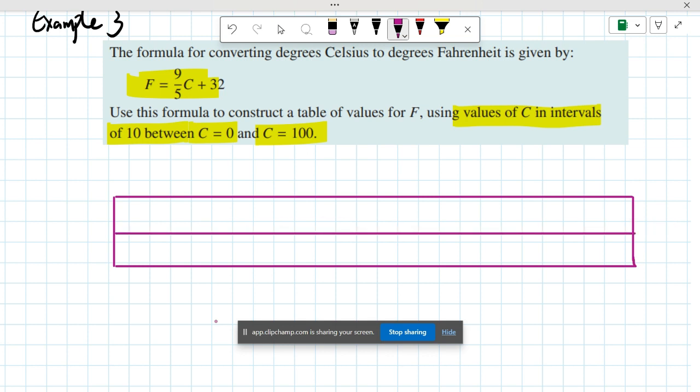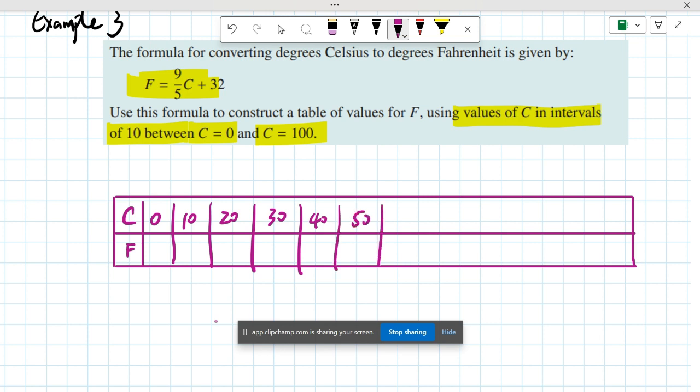So C is 0, 10, 20, 30, 40, 50, 60, 70, 80, 90, and 100.